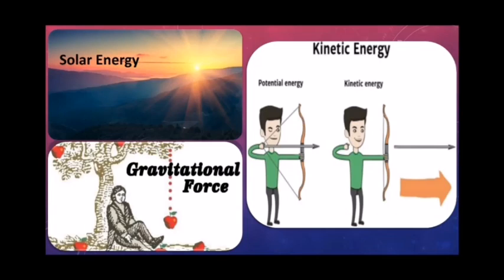In the third chapter, we will learn about the external movements that occur because of the forces working on the earth's surface. And these movements mainly occur due to solar energy, gravitational force, and kinetic energy. Kinetic energy is the energy that is possessed due to its motion, especially with the moving objects on the earth's surface.